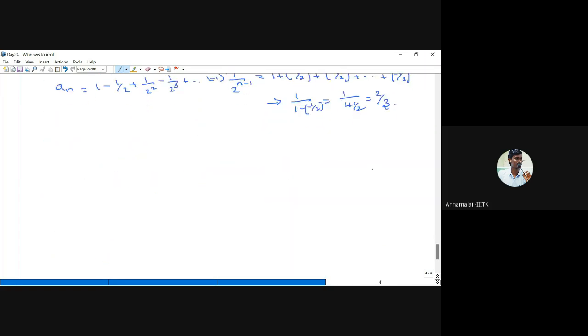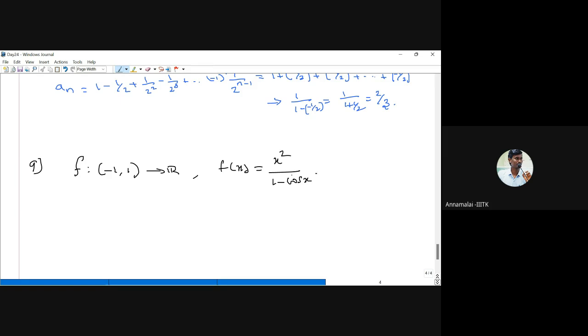Now the next problem. Suppose we have a function defined on the open interval minus 1 to 1, to R, defined by f of x equal to x square by 1 minus cos x.